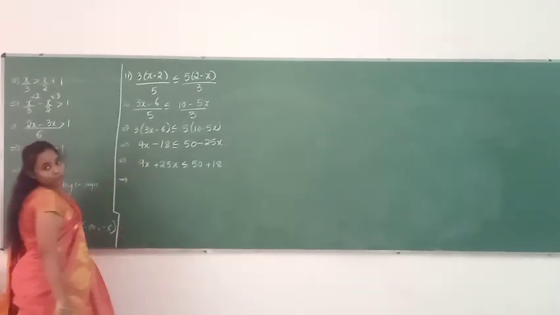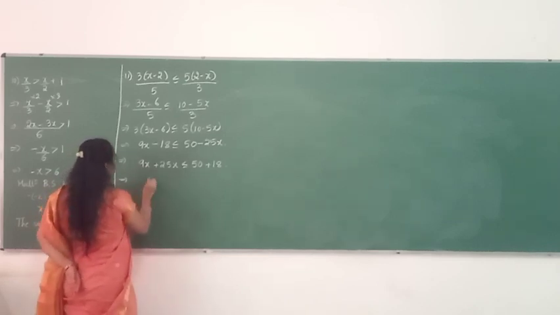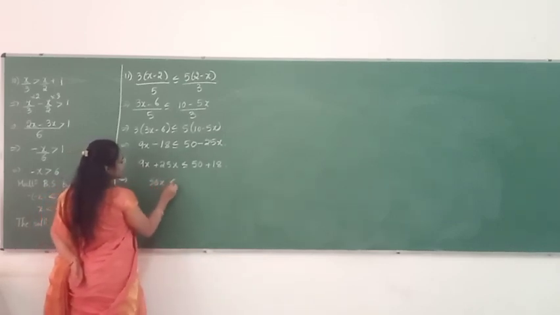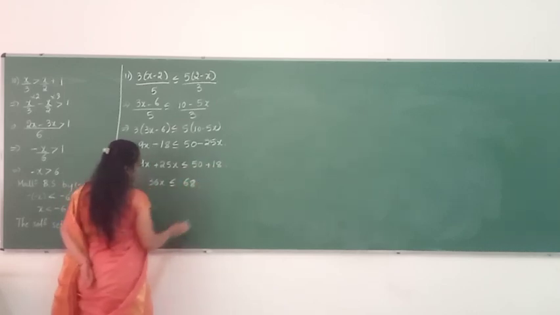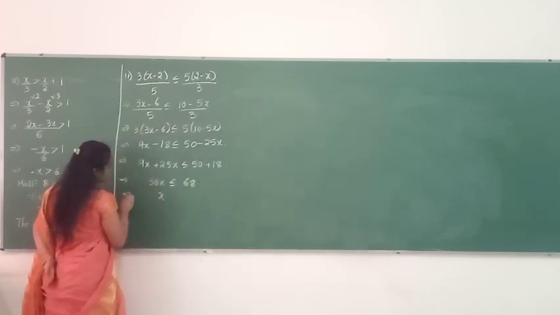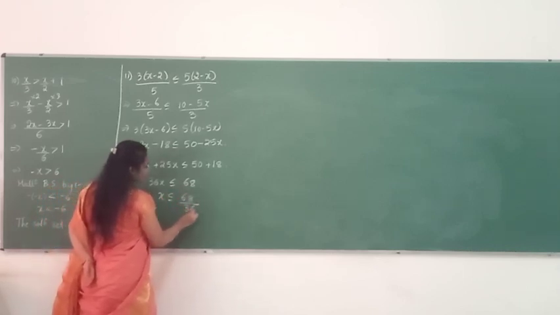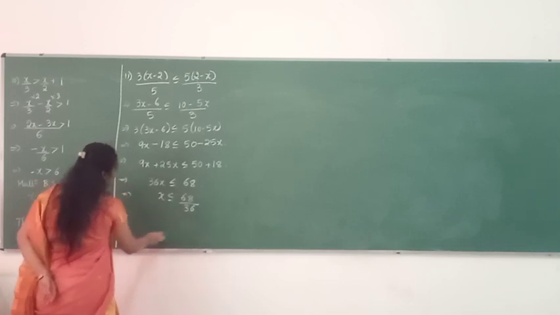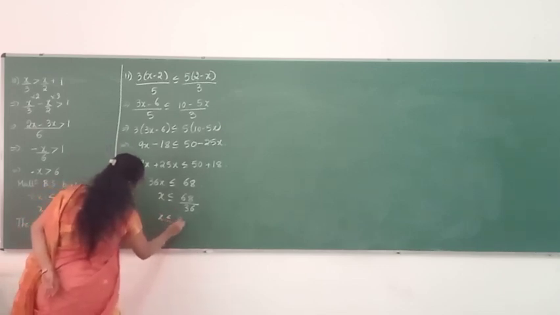As we have taken variables to one side and numericals to the other, 9x plus 25x is nothing but 36x, is less than or equal to 50 plus 18. We are getting 68. So x is less than or equal to 68 divided by 36. How much is 68 by 36? It is nothing but 2. So x is less than or equal to 2.